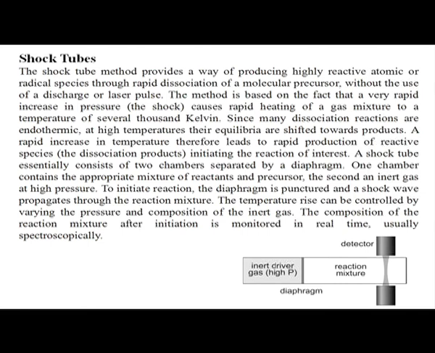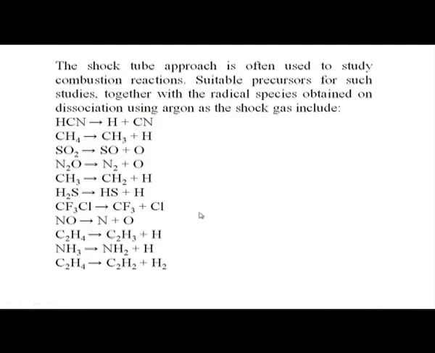So, the moment this is released by making a puncture, it will pass through, and its temperature is increased several thousand Kelvin, rapid heating. Rapid heating causes the reaction to be initiated, and then the reaction is followed with the help of a detector. These are the examples.